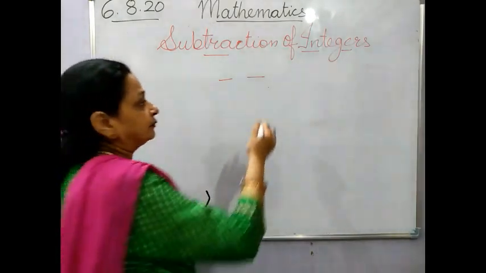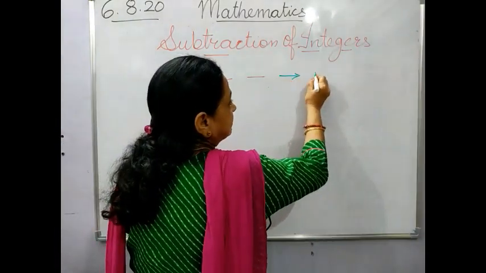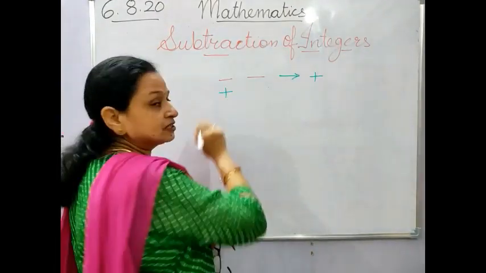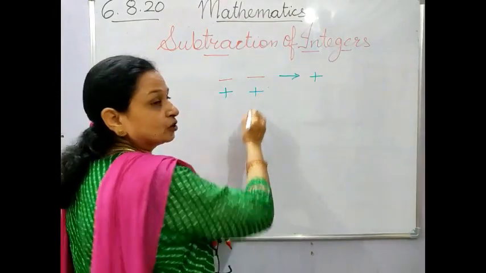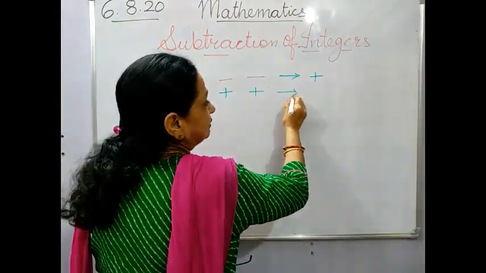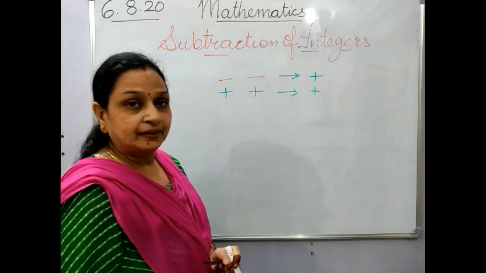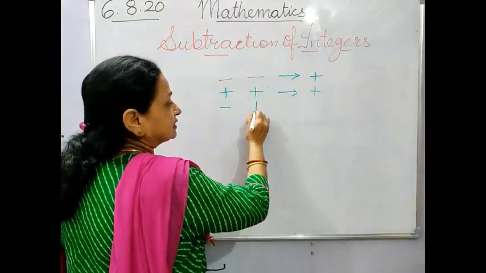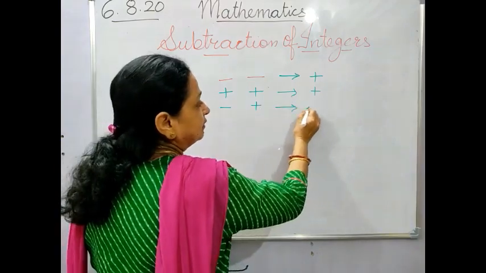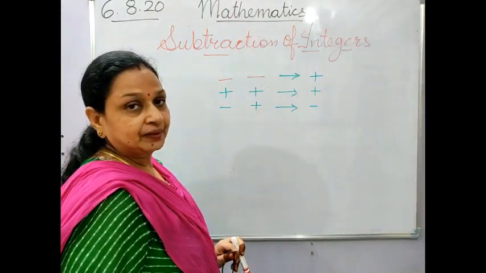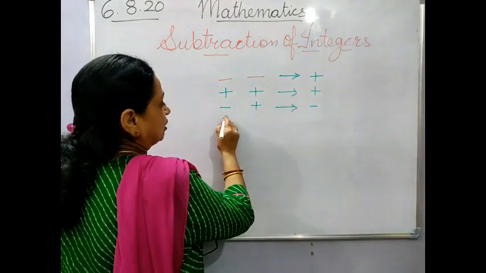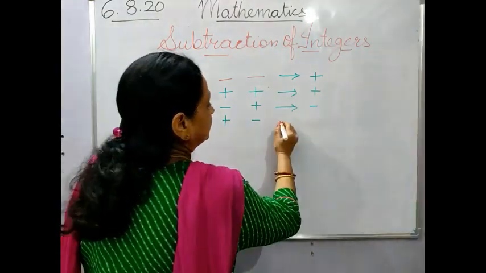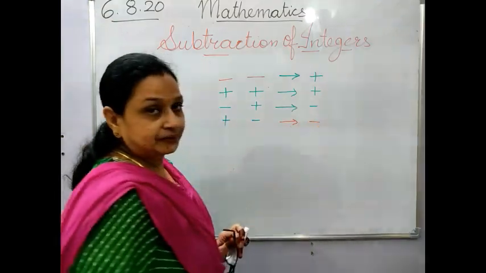If outside the bracket is plus and inside the bracket is also plus, it will remain plus. But if outside it is minus and inside it is plus, it will be minus. If outside it is plus and inside it is minus, then it will become minus.